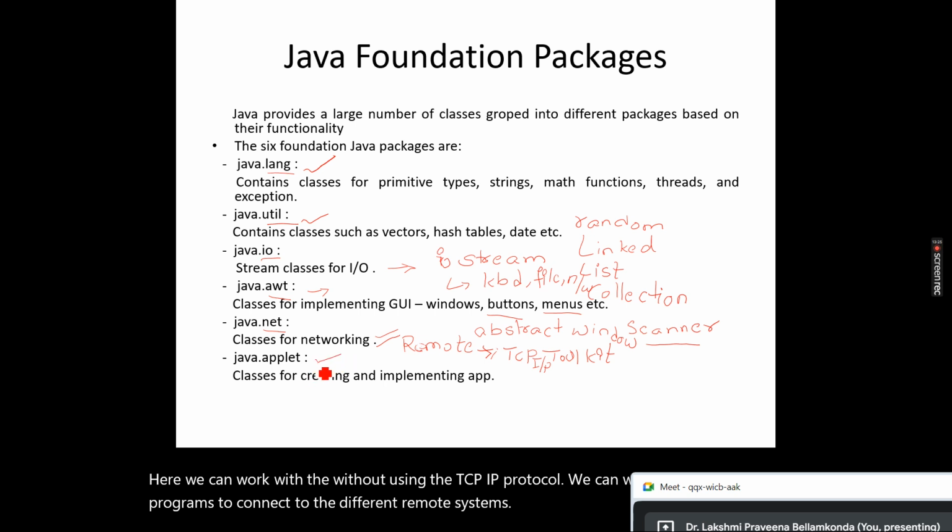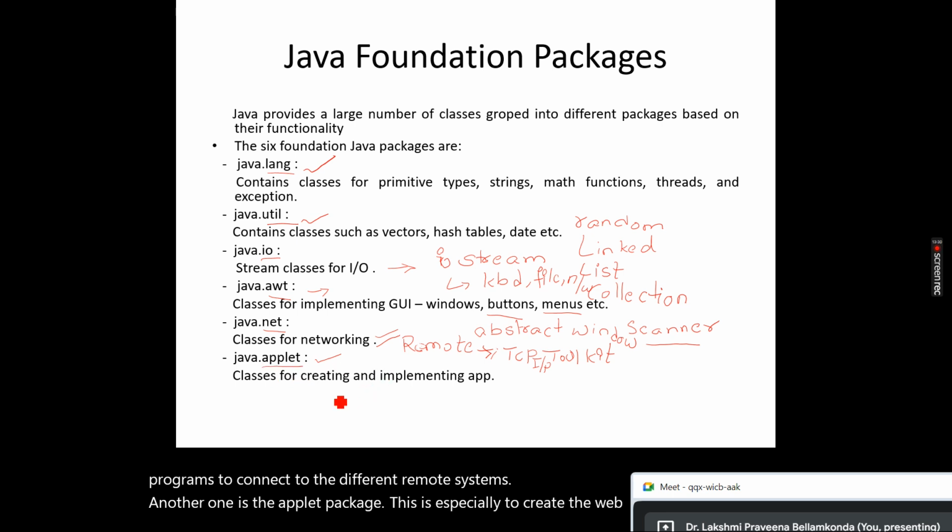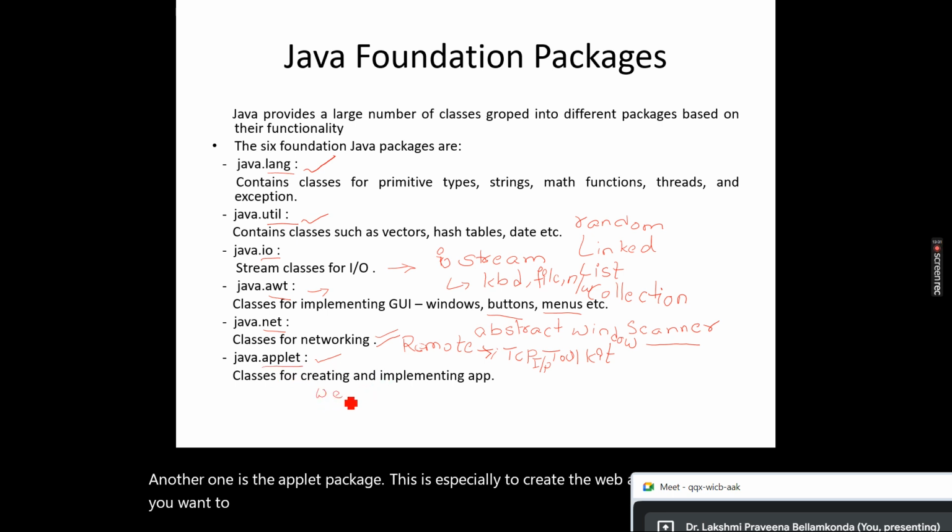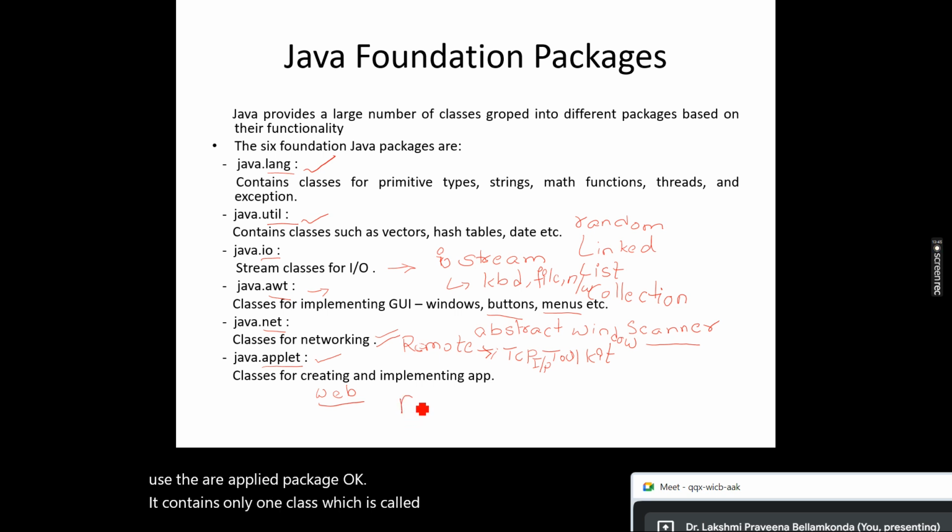Another one is the applet package. This is especially to create web applications. Whenever you want to create web client applications or web server applications, for those we can use the applet package. It contains only one class, which is called the Applet class. Using that you can create your web client applications.